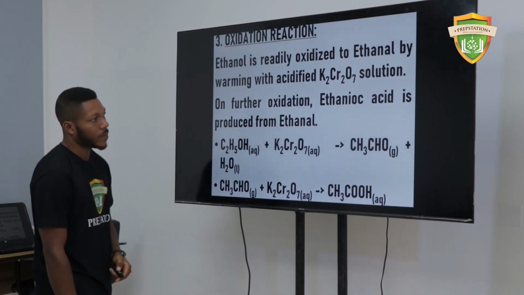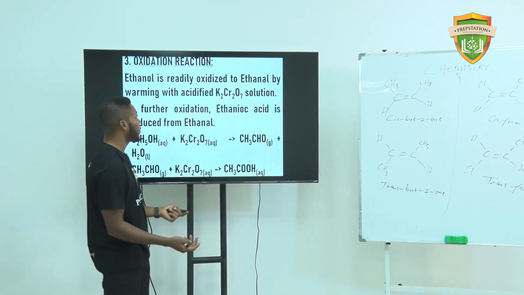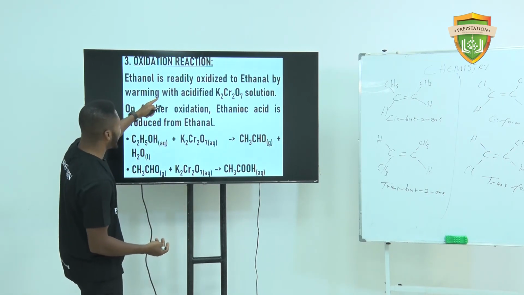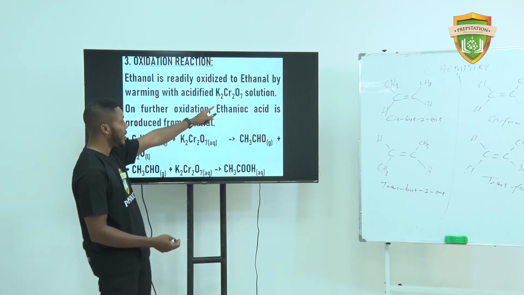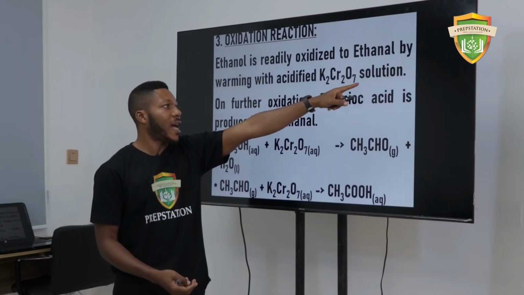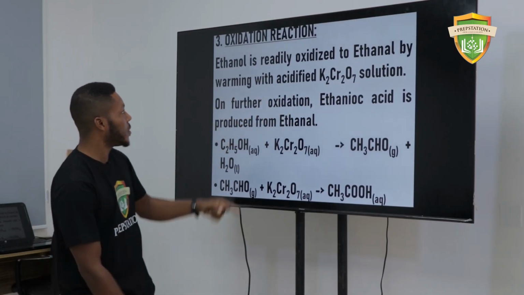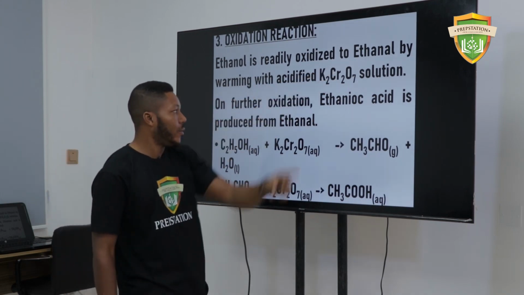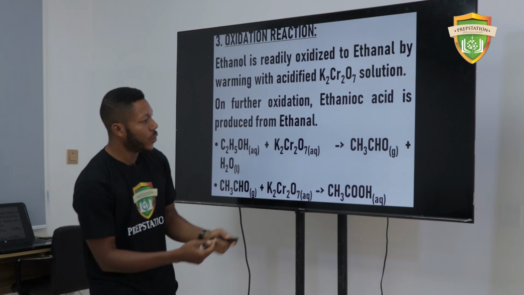Oxidation reaction. Okay, ethanol changes to ethanal at first. Ethanol is readily oxidized to ethanal by warming with acidified K2Cr2O7 solution. This acts as an oxidizing agent that oxidizes what? Ethanol to ethanal. Okay, when you further oxidize it again, you give us what?